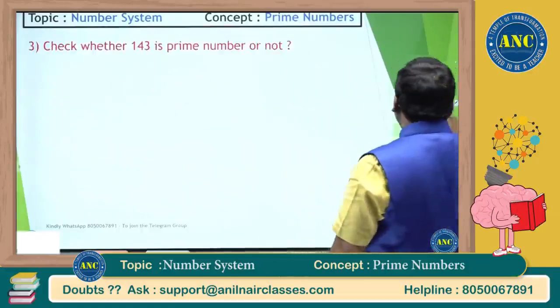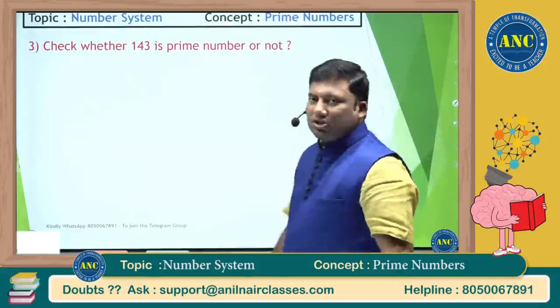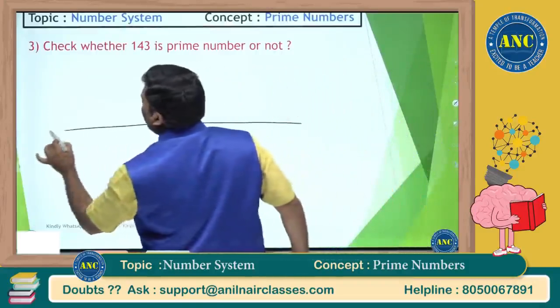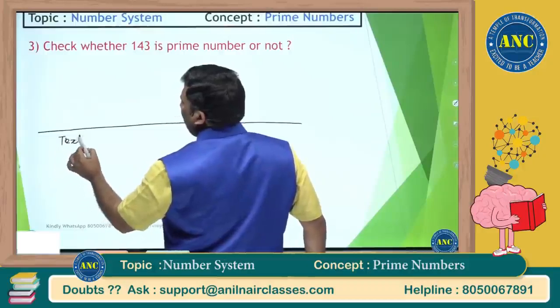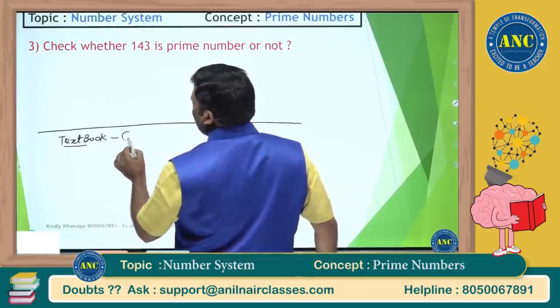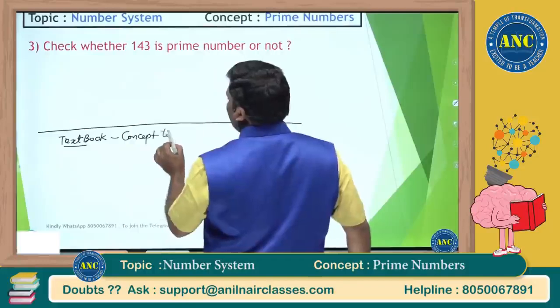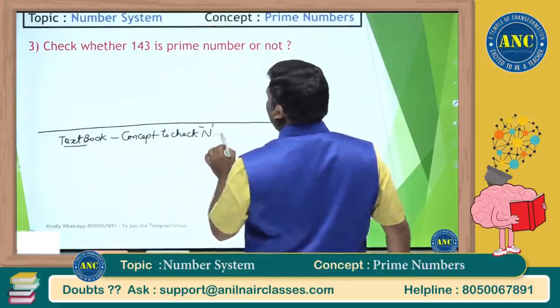Next one. Check whether 143 is prime or composite. In our local textbooks, there is a concept to check whether a number is prime or composite.